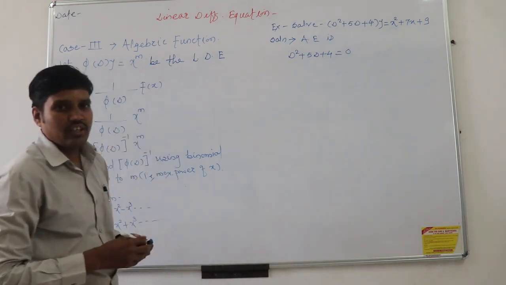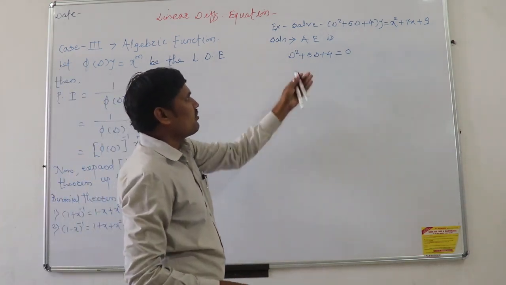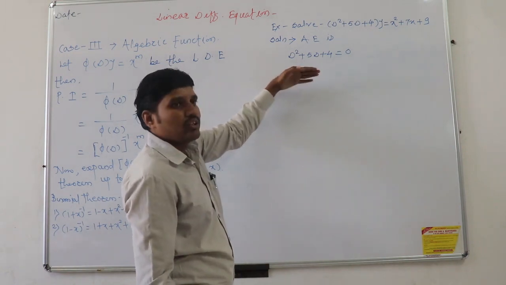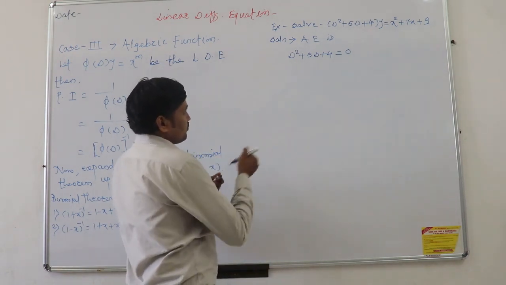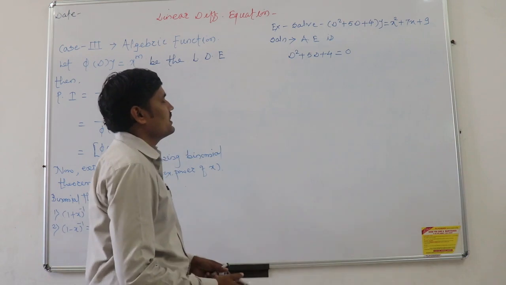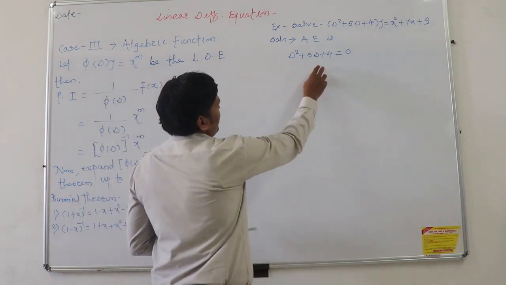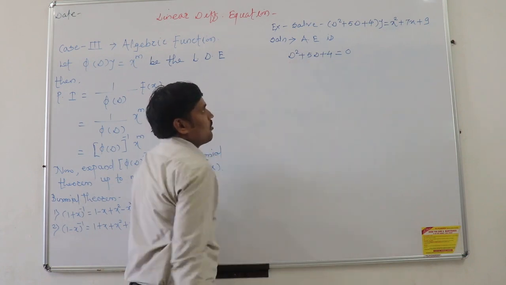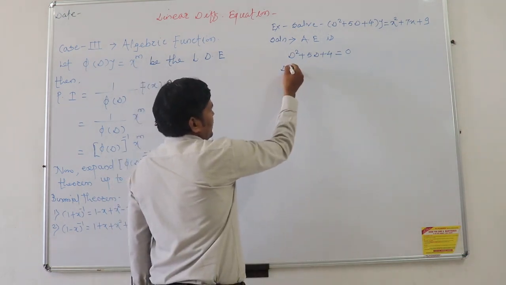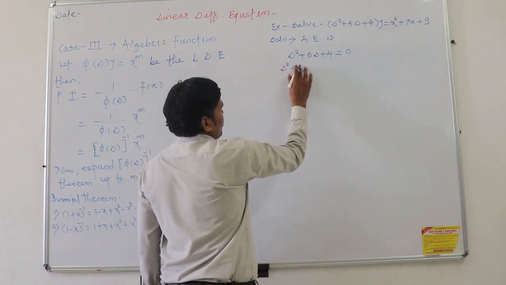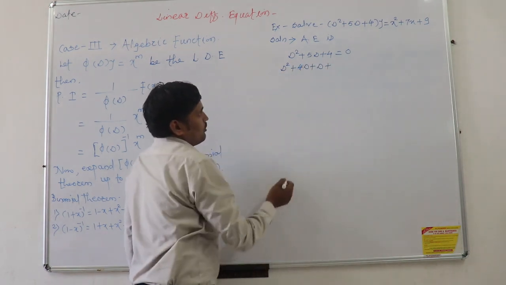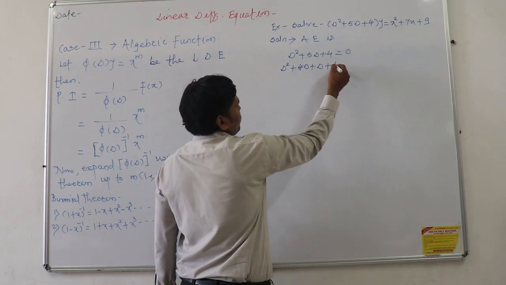Now find the factors. We can find the factors by using methods or by using a calculator. Here we use the method of factorization. It is a quadratic equation, so the last term is 4. 4 into 1 is 4, and 4 plus 1 is 5. So if we split 5d as 4d plus d, then 4d plus d is 5d and 4 into 1 is 4.